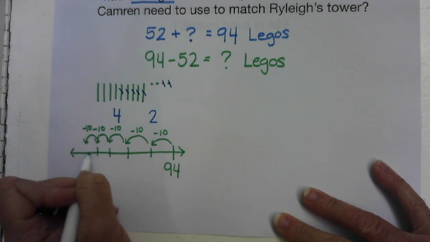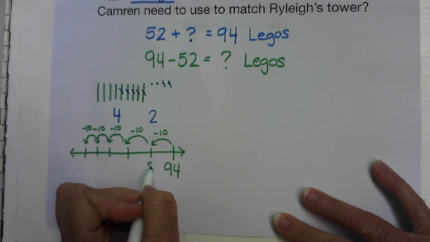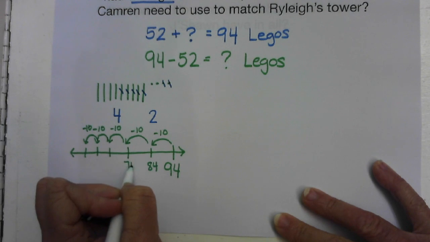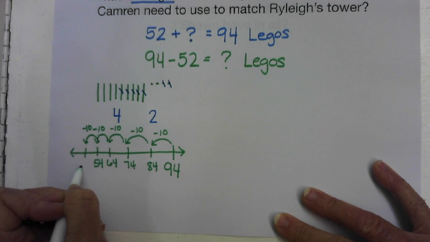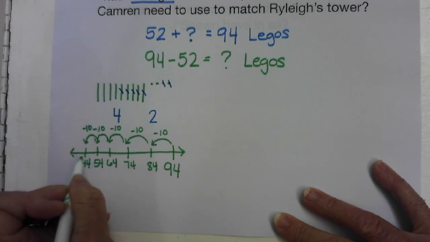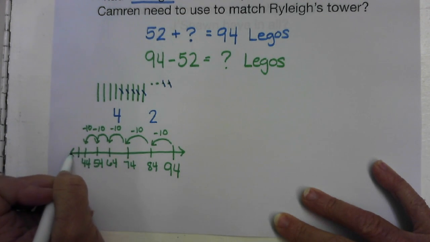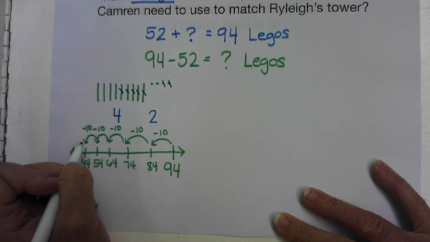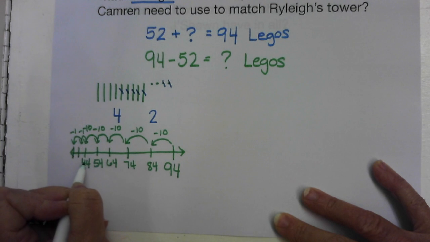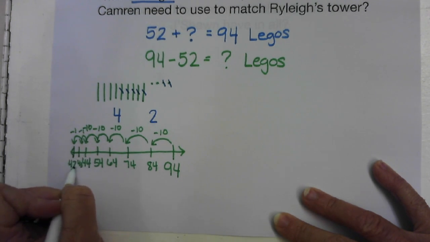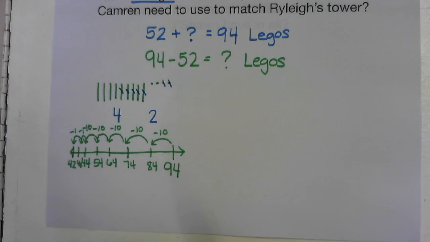Okay, let's see. 94 minus 10 is 84. Down another 10 is 74, 64, 54, 44. Minus 2 ones. 44 minus 1 is 43, and 42. That one needed a longer number line.